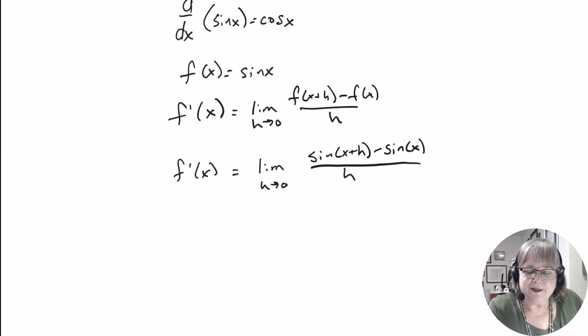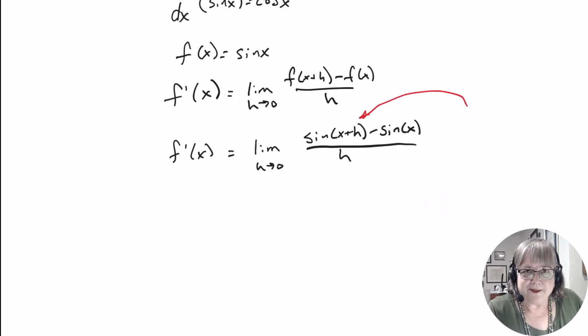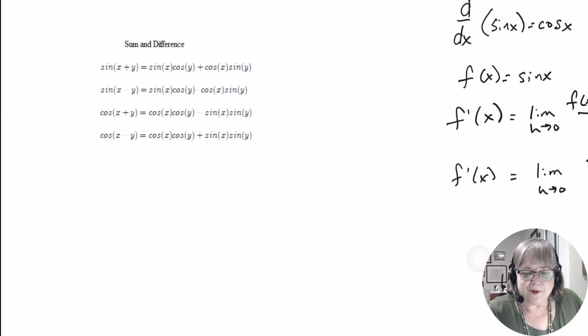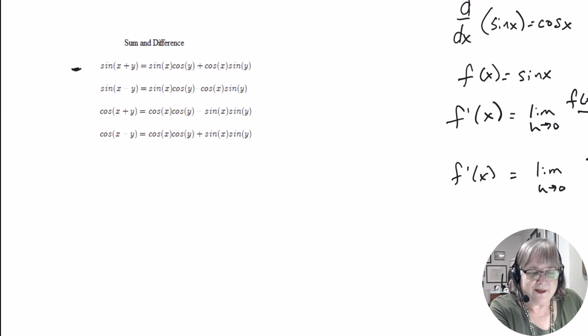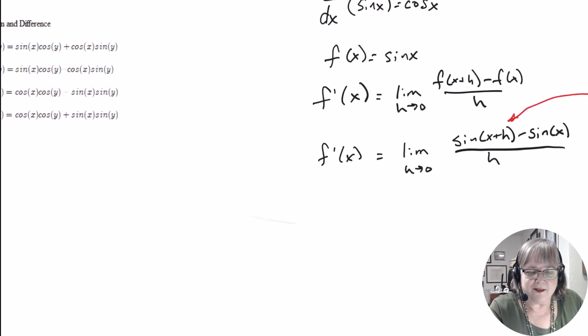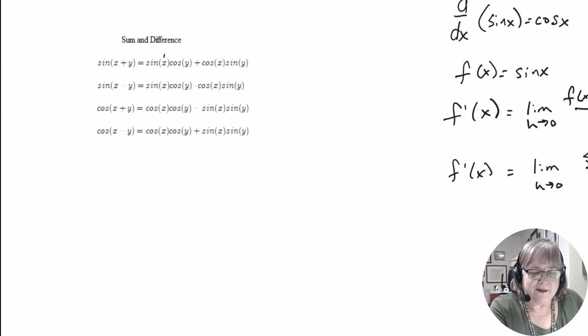Now see this part right there? That is the sine of a sum, and we're going to use that formula to expand it: sine of the first, cosine of the second, cosine of the first, sine of the second.